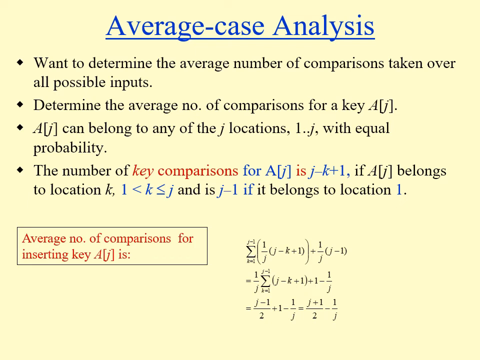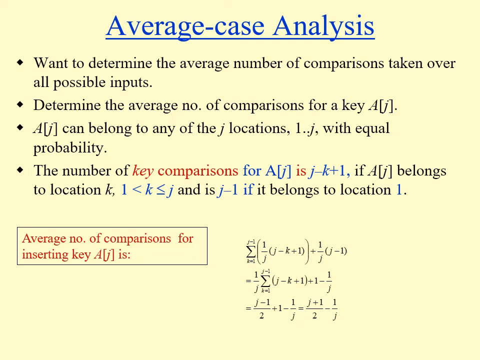It should be K larger or equal to 1 and K less or equal to J minus 1. If it belongs to location J, it will be J minus 1. It seems like this, correct?